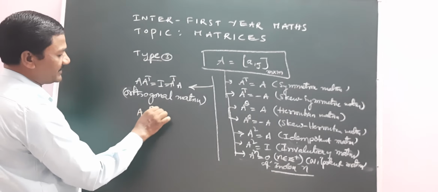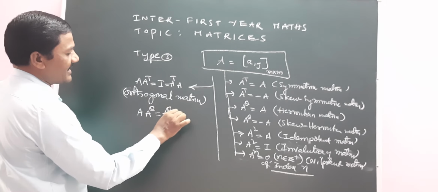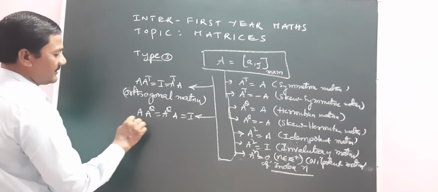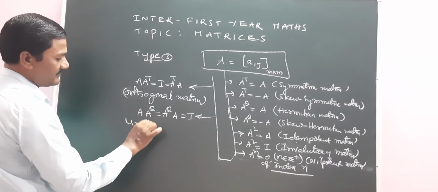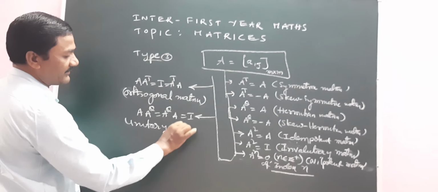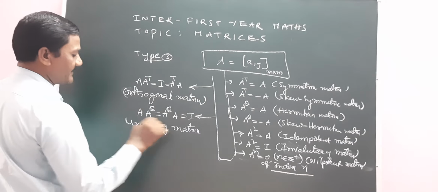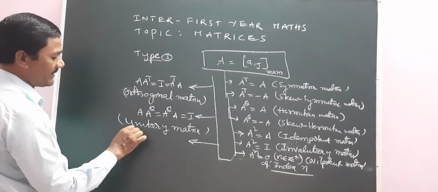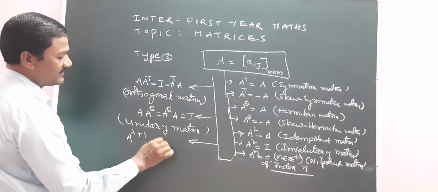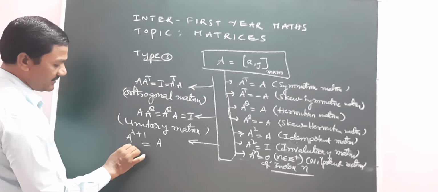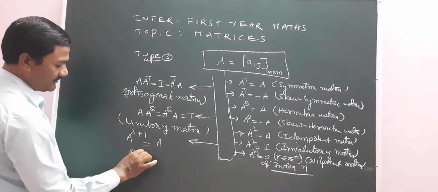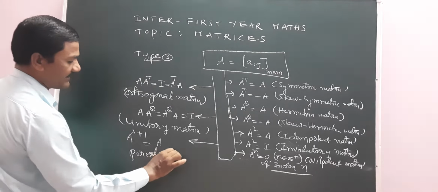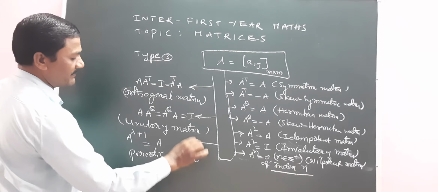A into A power theta is equal to I is a unitary matrix. And finally, A power lambda plus 1 is equal to A: A is called a periodic matrix with the fundamental period lambda.